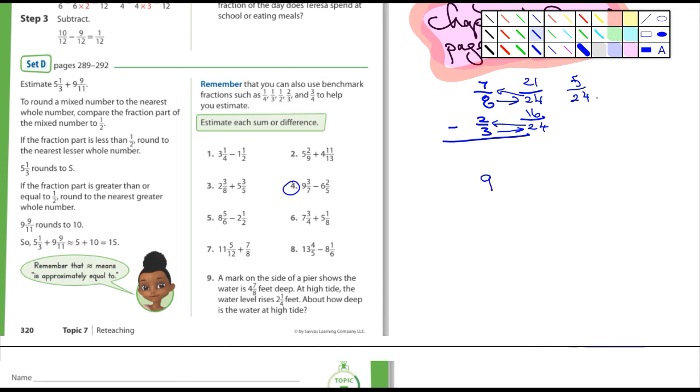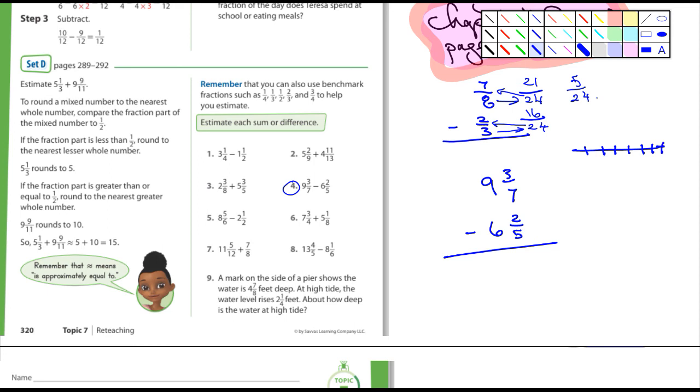We have 9 and 3/7, and we're subtracting 6 and 2/5. All right. 3/7. Well, how far is that of 7/7? So I'm gonna make a mark here. So here's 1, 2, 3, 4, 5, 6. A little bit further, 7.